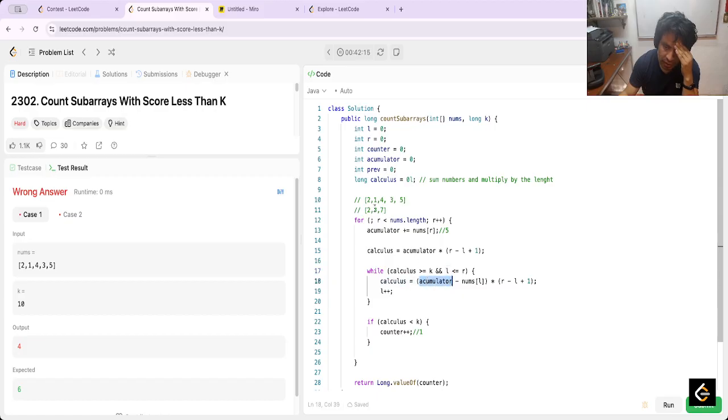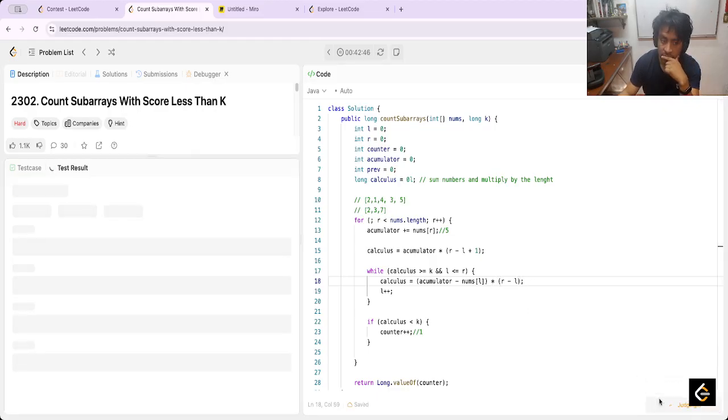The current accumulator is 5 less 2 is 3. 3 multiplied by... I think that this is wrong because R less L in this case is 1 less 0 is 1 plus 1 is 2. In this case it is 1 because I am removing the L.